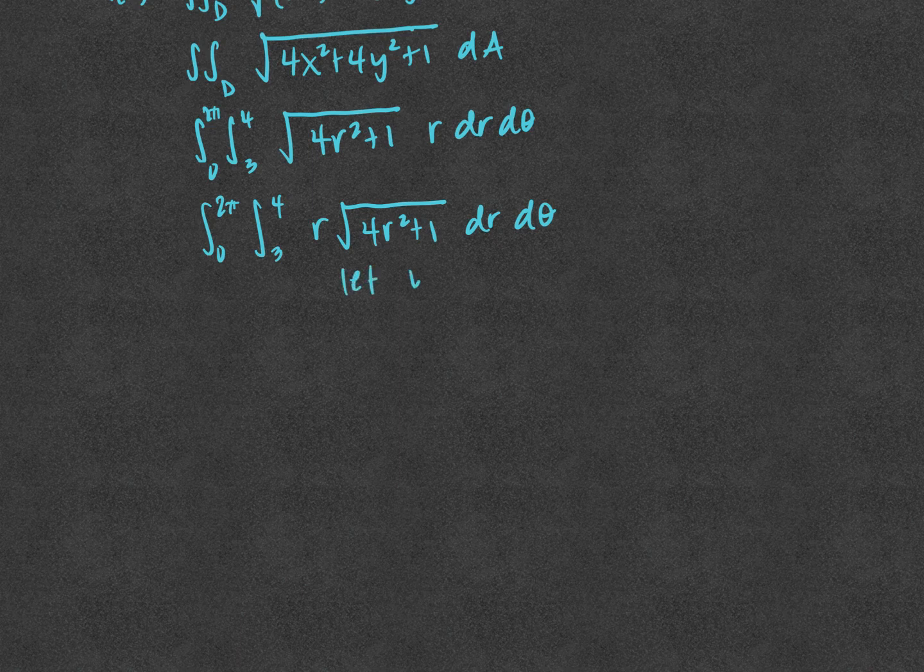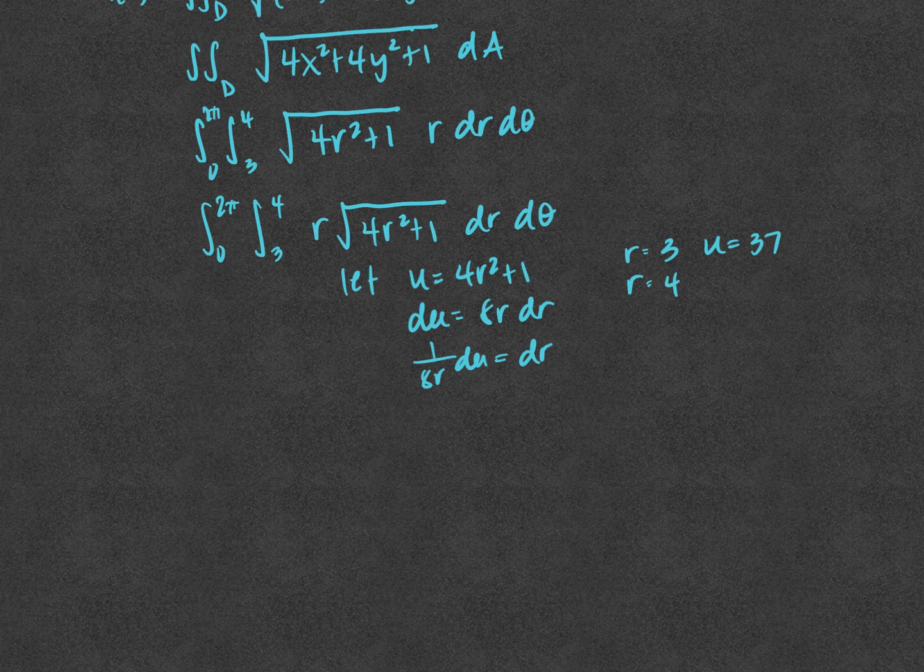So let's let u equal, this feels very much like the last one, 4r squared plus 1, and du is 8r dr, so dr is 1 over 8r du. And when r equals 3, 3 squared is 9 times 4 is 36 plus 1 is 37. And when r equals 4, 4 squared is 64 plus 1 is 65. It's going to be a messy answer.